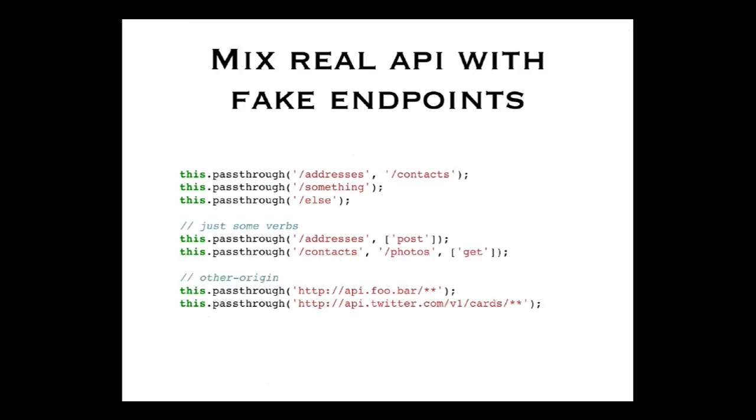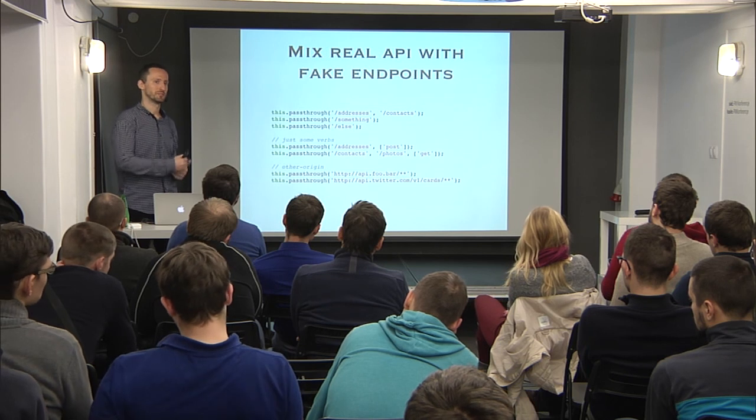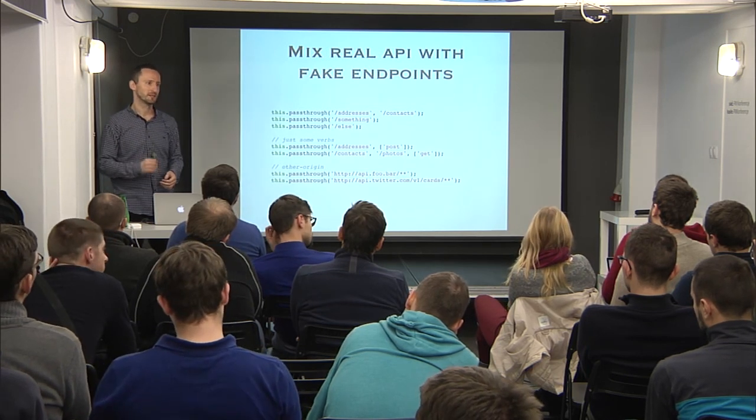Sometimes also, you have the situation that you are developing a new feature, but some of your endpoints are already working. You have a backend server somewhere that in development you can start and get data from a real database, but still you want to use Mirage for developing new features that don't have backend yet.